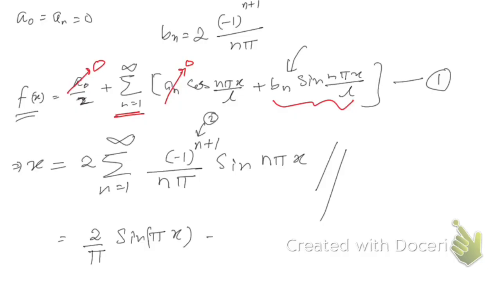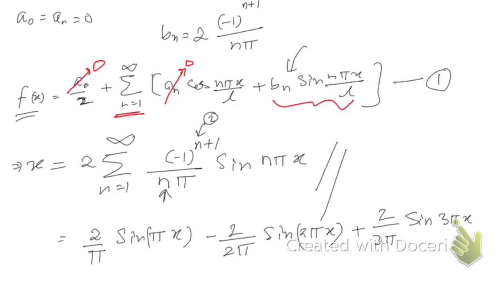So in that case, minus 2 by 2 pi, then sine 2 pi x, then again positive 2 by 3 pi, then sine 3 pi x, then again minus, and so on. This is the answer.